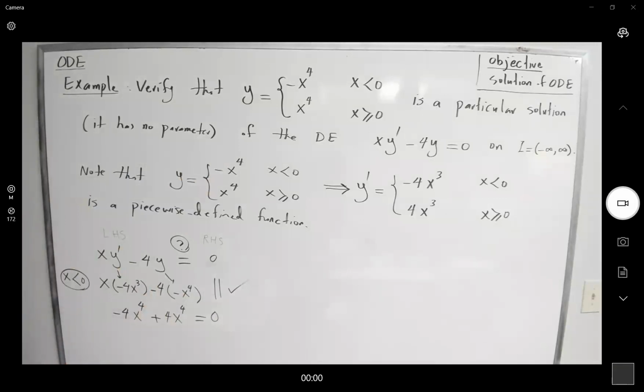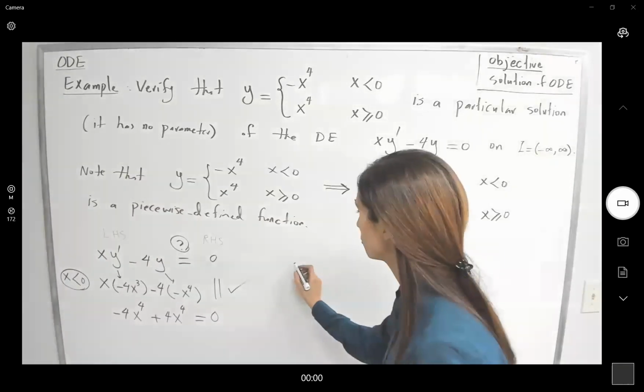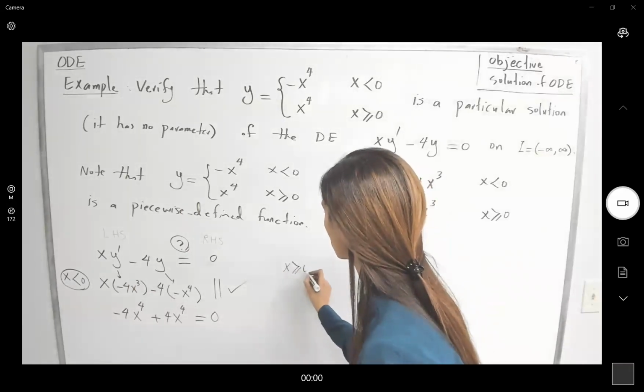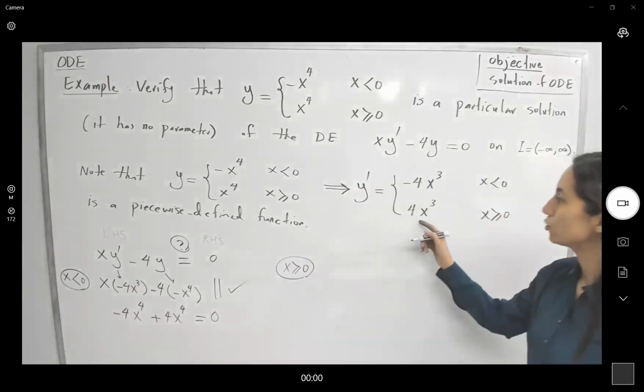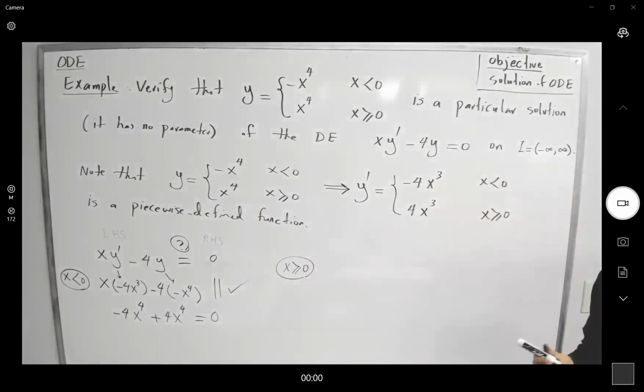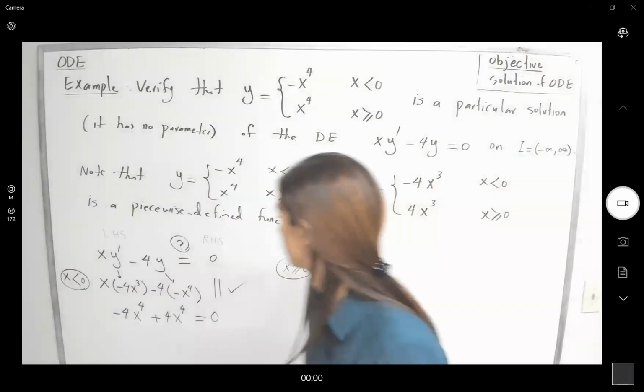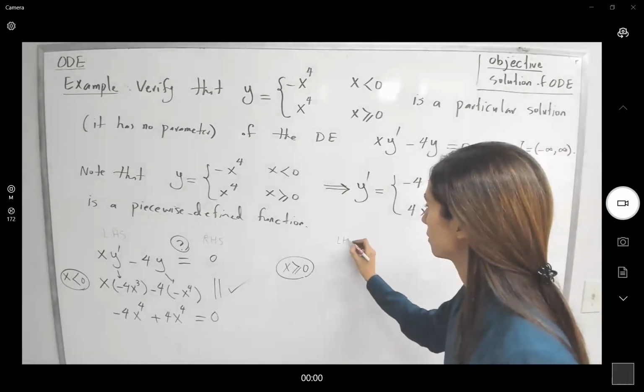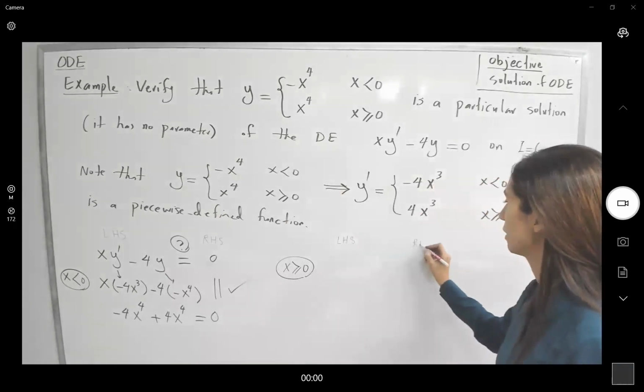What if my x is larger than or equal to 0? If x is larger than or equal to 0, I'm going to use 4x cubed and positive x to the fourth. Left-hand side, right-hand side.